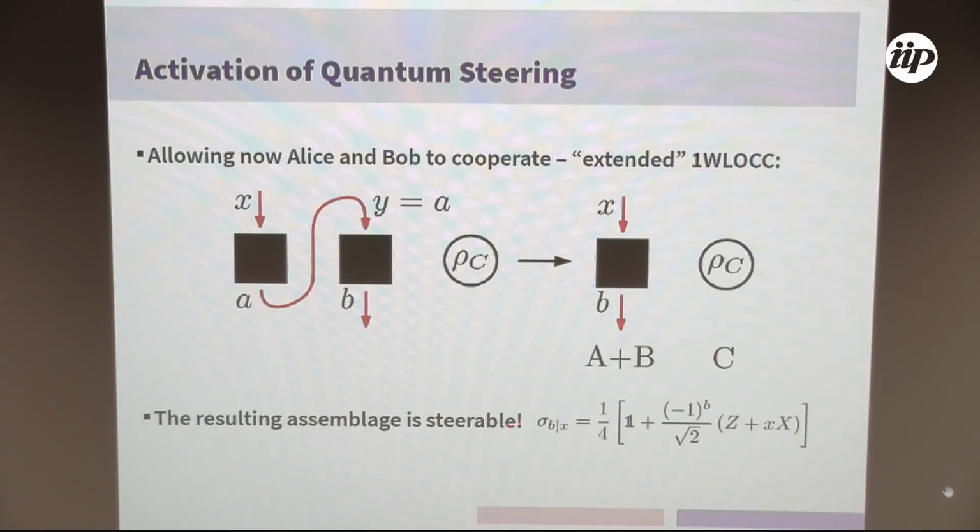The resulting assemblage will be steerable. I can show that this assemblage, which is the result of this operation, is steerable. So I come from an assemblage which has correlations explained in a certain way classically, and end up with an assemblage whose correlations cannot be explained in that way.